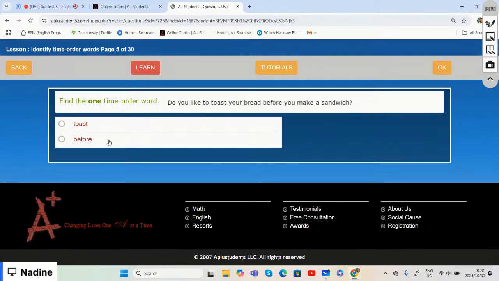word. The last one says, do you like to toast your bread before you make a sandwich? We need to select the one time order word. Is it toast or before? Which one is correct? Toast or before?